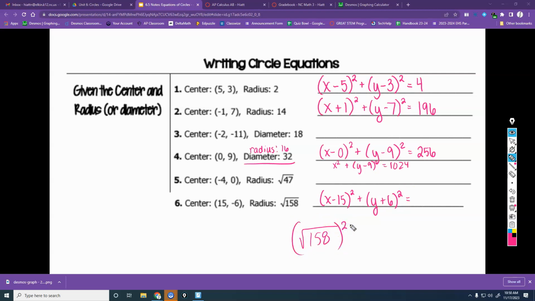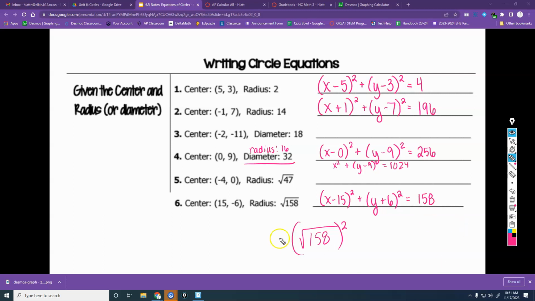Square root of 158 might be 12 point something, but it's 158 because when you square root and square something, it undoes each other. It is just going to be 158.